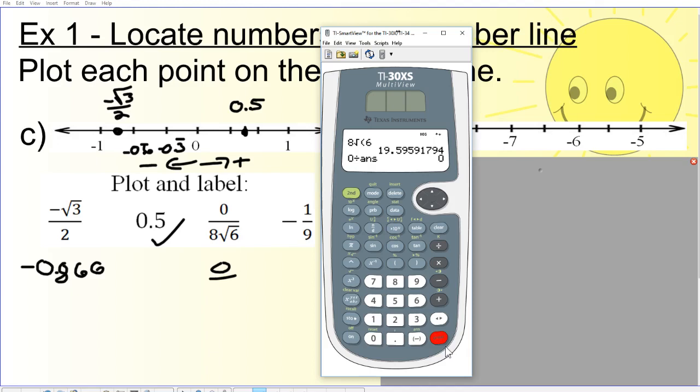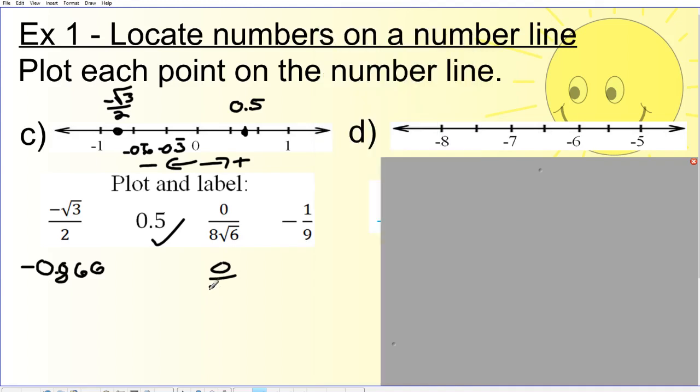Because 0 divided by anything is 0. I didn't have to go through all that work, but maybe you didn't know that. Maybe you didn't know that this was going to give you a 0 for an answer. But it does. So now we can say, okay, this is going to be right here, right at 0. I'm going to have the point 0 over 8 square roots of 6.